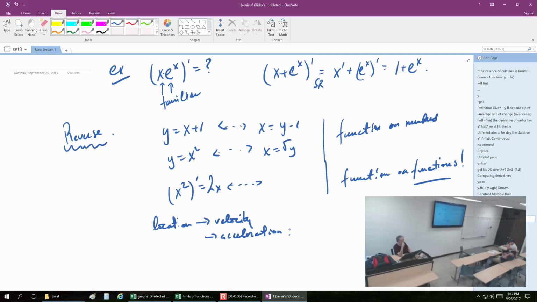The forces are known. And then you want to know the dynamics of how the Earth behaves around the sun. So it is the location that you don't know, and it means that you want to go backwards from acceleration to velocity, from velocity to location. That operation is called integration. A new function on functions, in addition to differentiation, the inverse of differentiation.